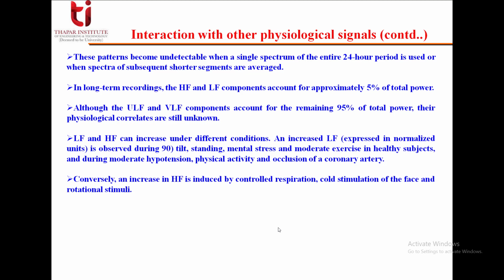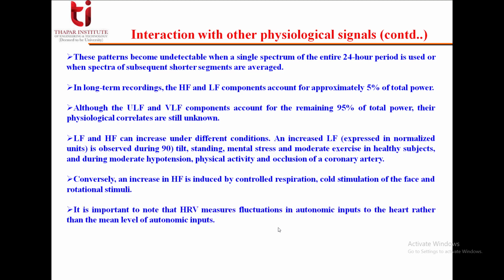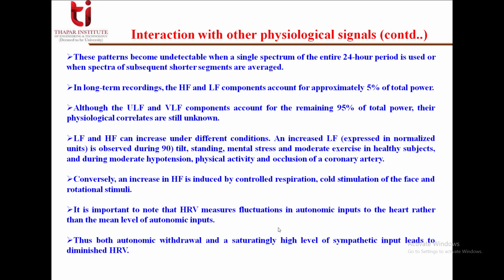Conversely, an increase in high frequency band is induced by controlled respiration, cold stimulation of the face and rotational stimuli. It is important to note that HRV measures fluctuations in autonomic inputs to the heart rather than the mean level of autonomic inputs. Thus, both autonomic withdrawal and a saturatingly high level of sympathetic input lead to diminished HRV.